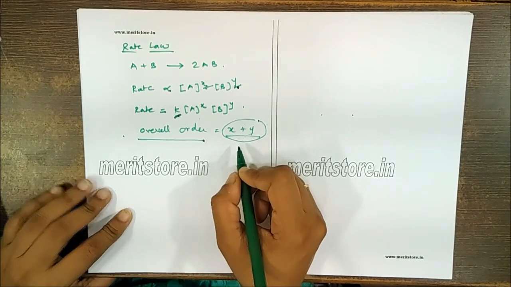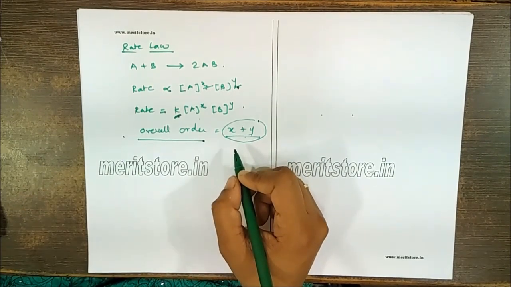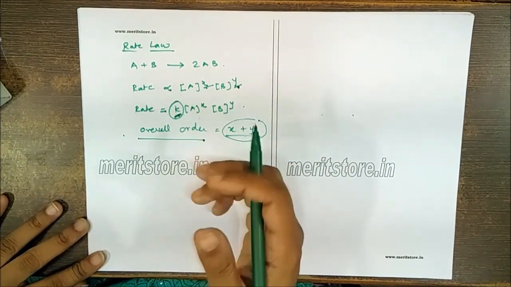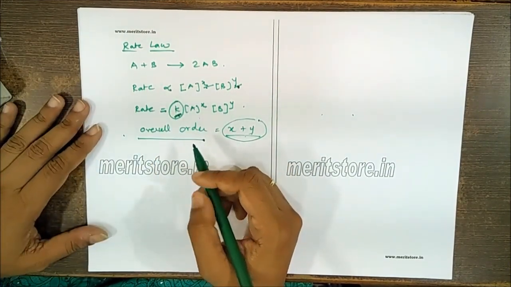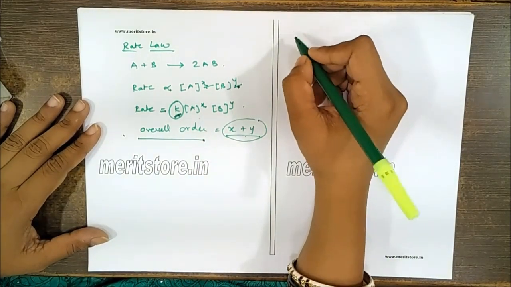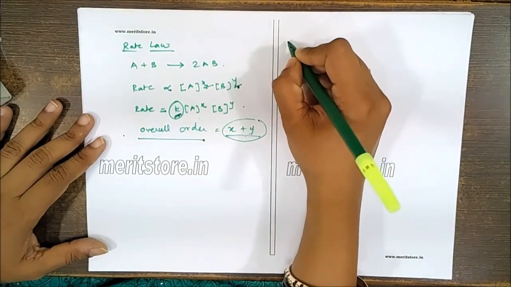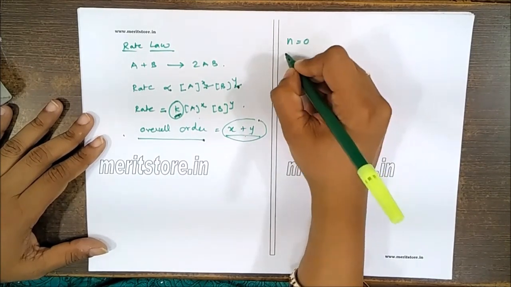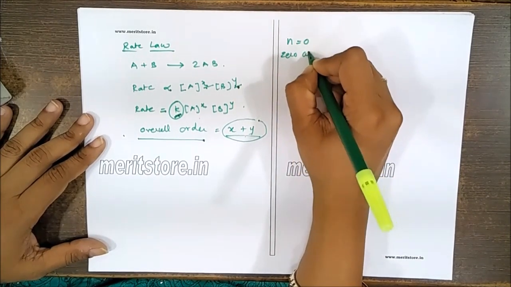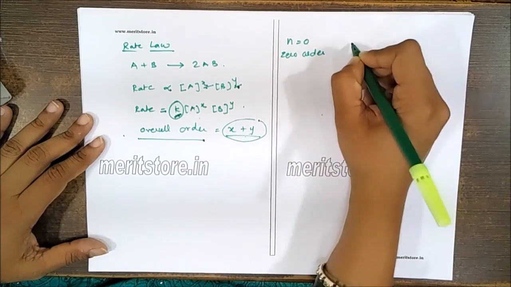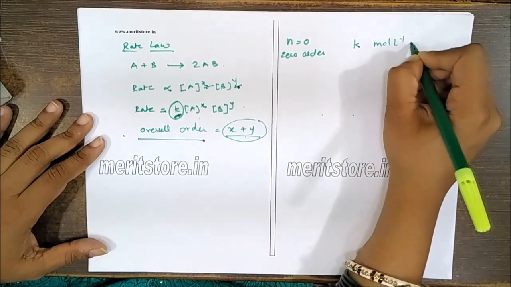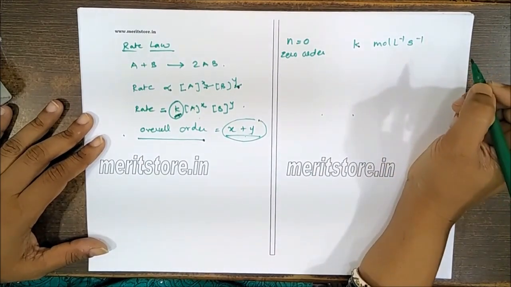Now in the case of order of reaction and the rate law, relating to K, we can decide the order of reaction. For example, if N, that is the order of reaction, is equal to 0, that is a zero order reaction, and K has unit mole per liter per second.